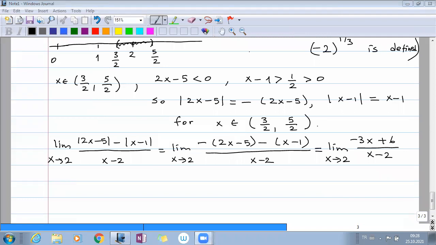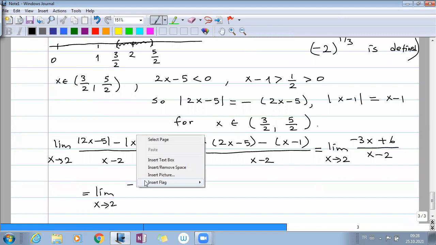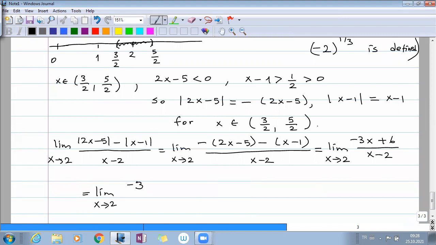Let me finish the limit and then I will come back to this discussion, okay? In the numerator, we factor out minus 3. So we have minus 3 times x minus 2.